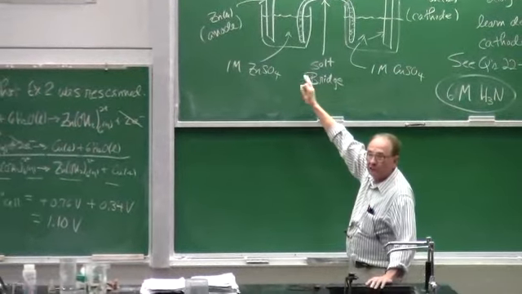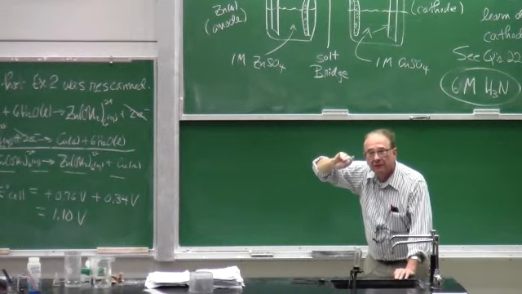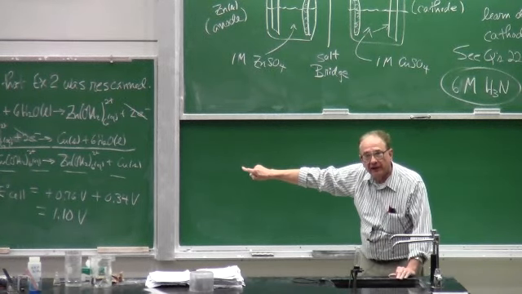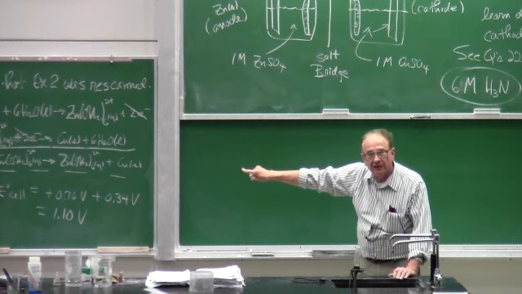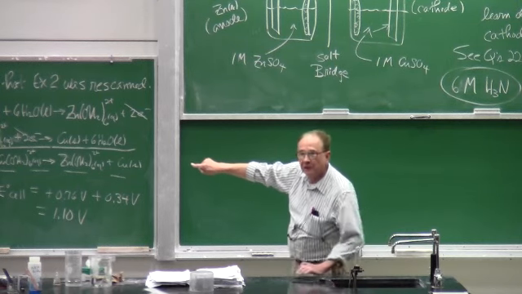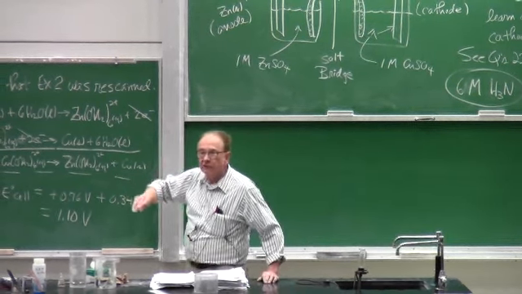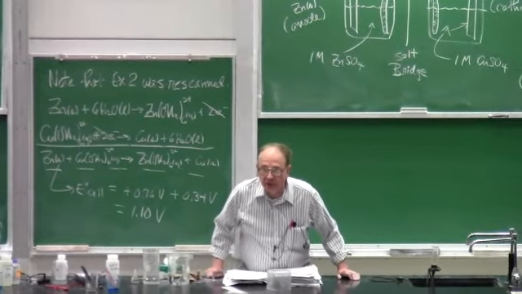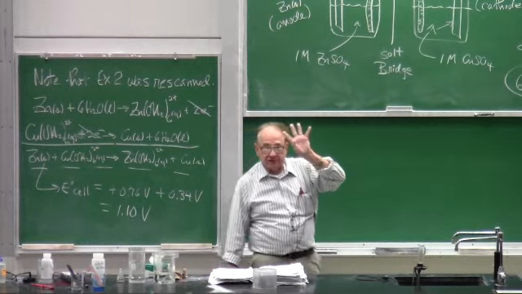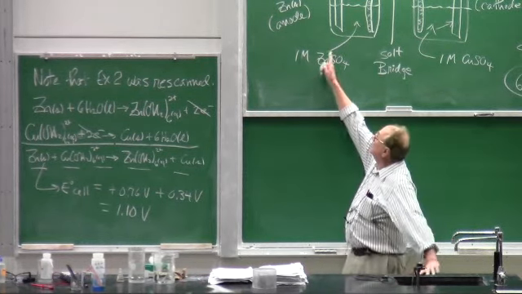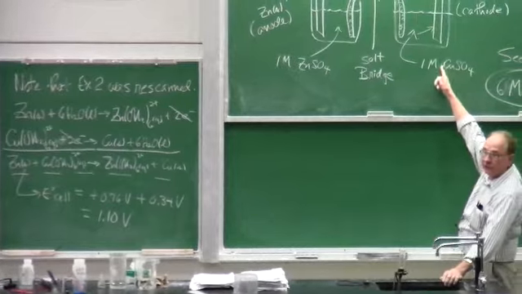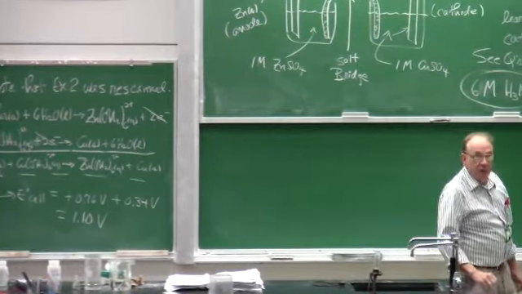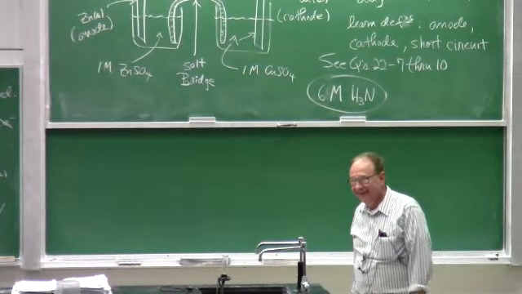We could add the ammonia to both half cells, or it might be true that the system as it presently operates is giving us an operating potential which is larger than any potential we could achieve by treating either or both half cells with ammonia. So you've got 4 choices. Ammonia, this half cell only. Ammonia, this half cell only. Ammonia, both half cells. Ammonia, neither half cell. One of these 4 is correct. Which is it?